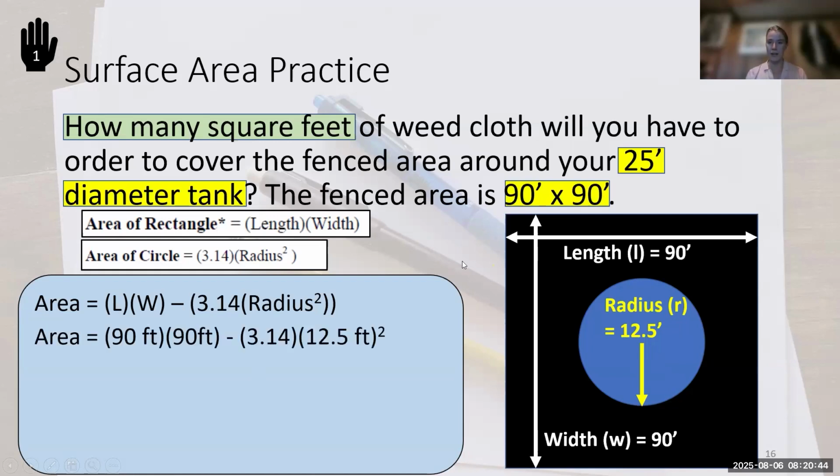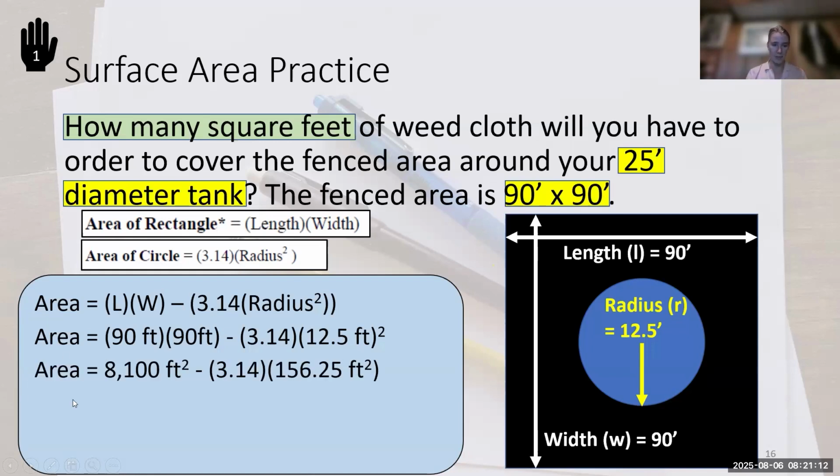So that gives us an area. We know the length is 90, width 90, so 90 feet times 90 feet minus 3.14 times the radius of the tank, which is 12.5. We know 12.5 because if it's a 25-foot diameter, our radius is going to be half that diameter, and then square that.